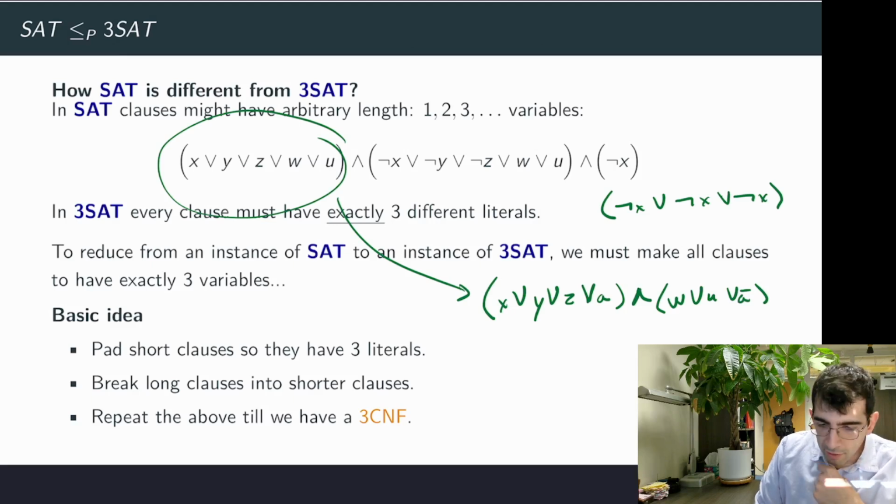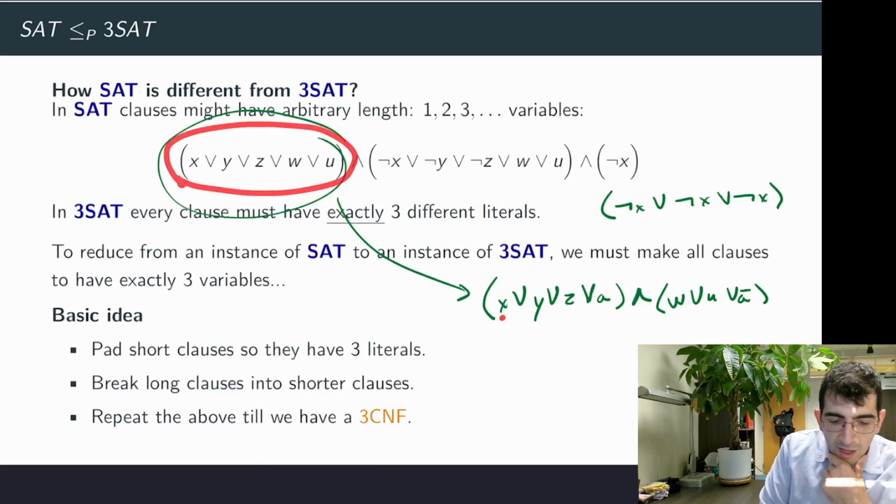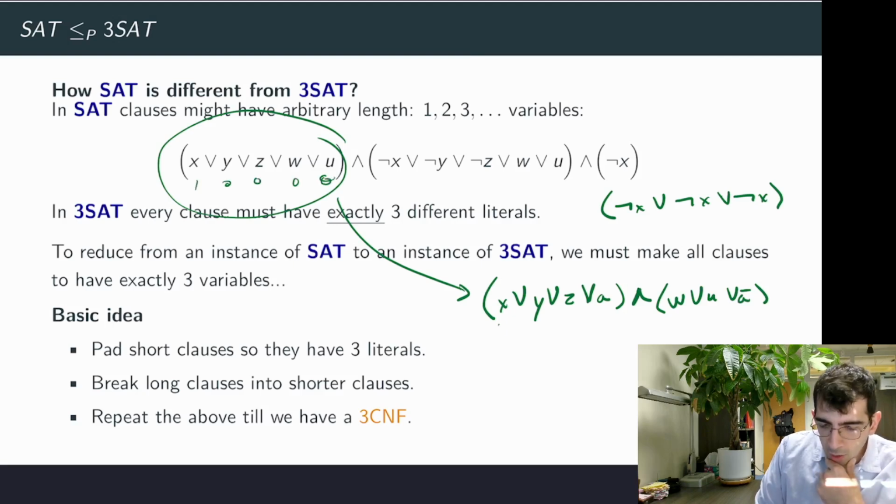Okay? So, what happens here? This A is not part of the original SAT expression, okay? But here's the thing. Let's say the assignment here was 1 0 0 0 0.